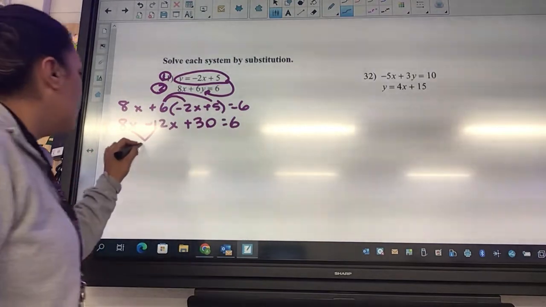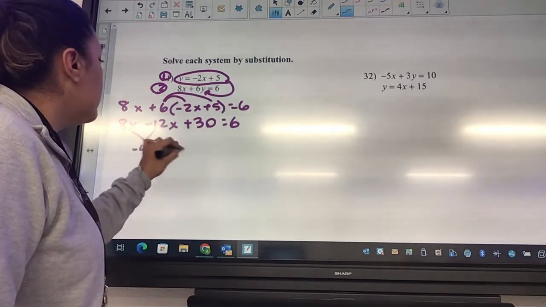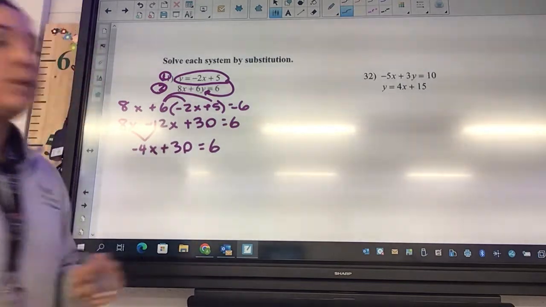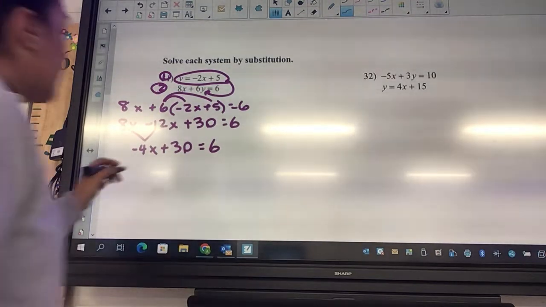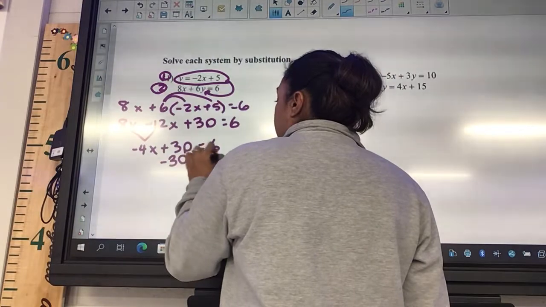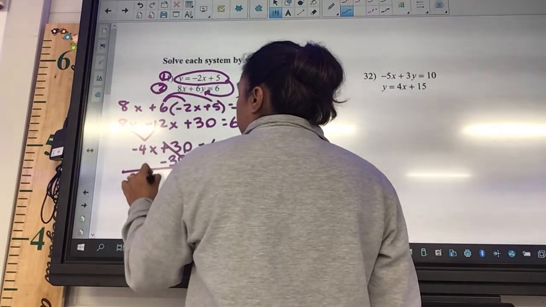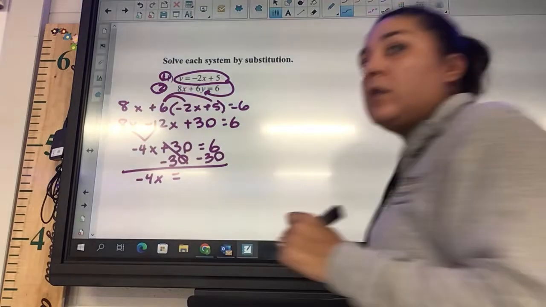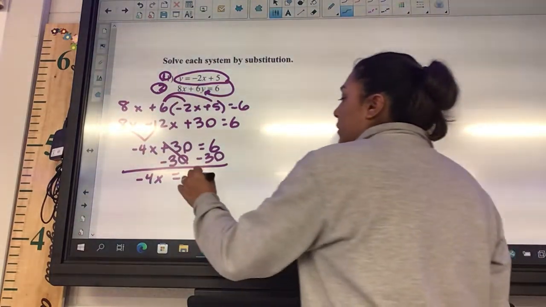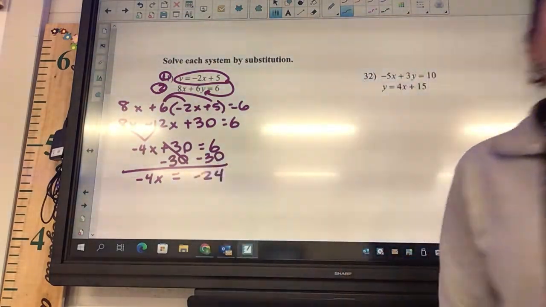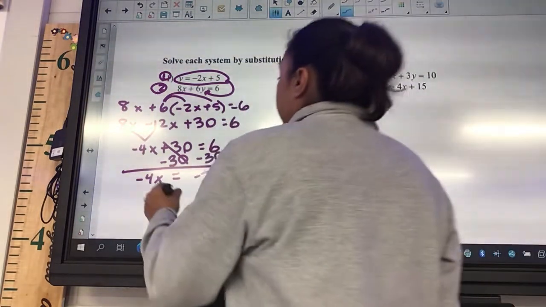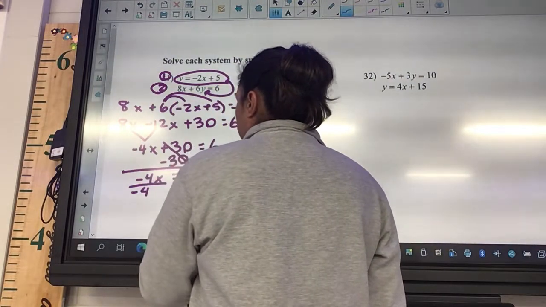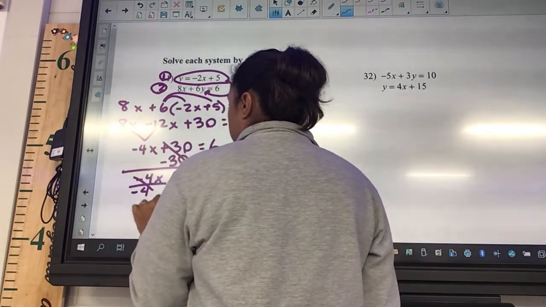It's gonna be negative 4x plus 30 equals 6. And we're going to subtract 30. Negative 4x equals negative 24. All right, and then we can divide by negative 4. So we get x equals 6.